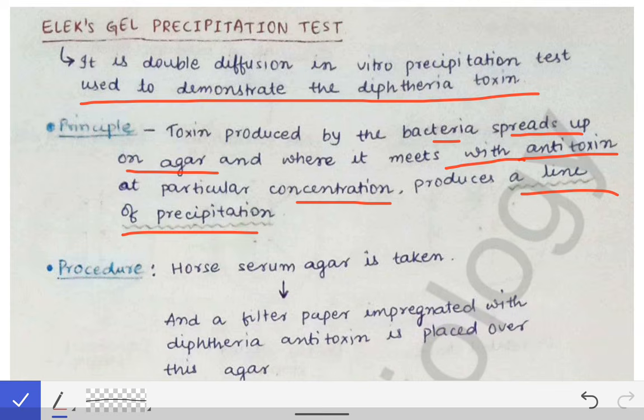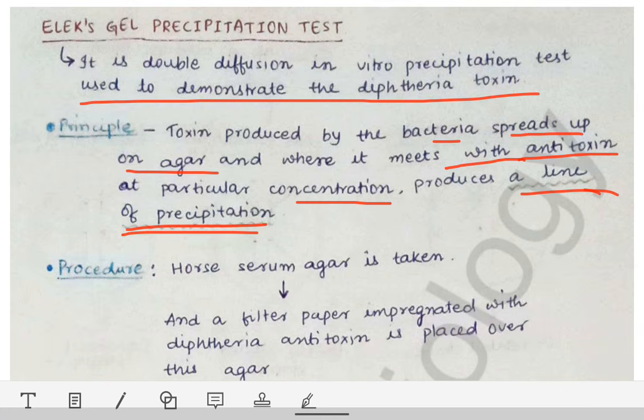And when we keep the antitoxin on the same media, then obviously the diffusing toxin will meet the diffusing antitoxin, and when the toxin meets the antitoxin, there is formation of a precipitation line at the point of meeting.